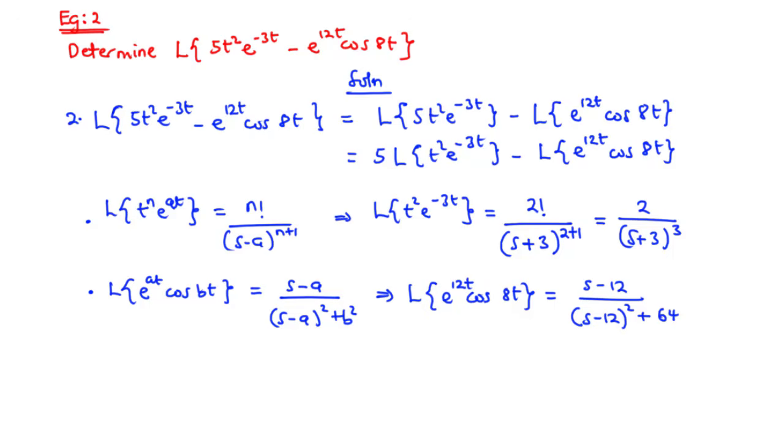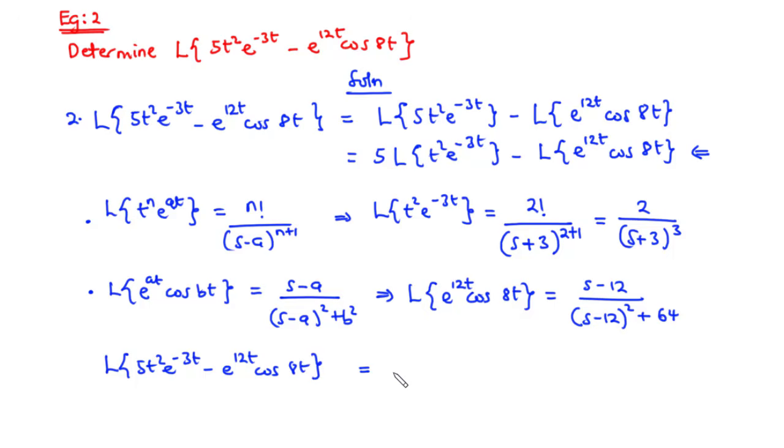Now we are going to fix these two transforms in here. So let's write the Laplace transform of 5t square e to the power negative 3t minus e to the power 12t cos 8t.